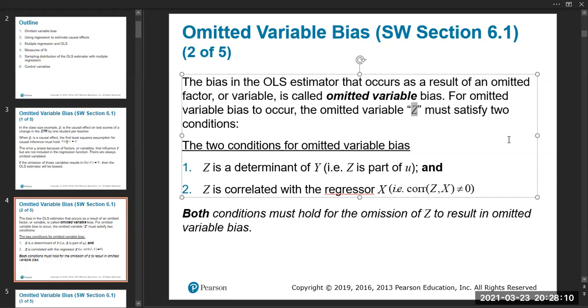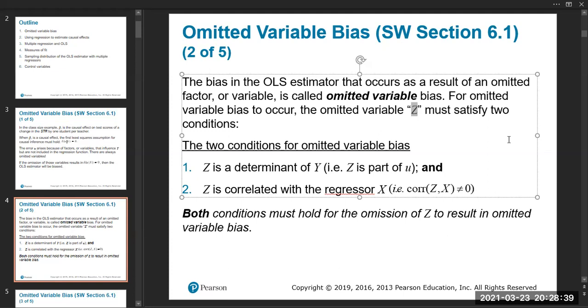So what are these two conditions? First, Z determines Y, or Z is a part of U. U is everything that determines Y, and if Z is part of U, that means Z determines Y. The second condition is that Z is correlated with the regressor X, which means the correlation between Z and X doesn't equal 0.